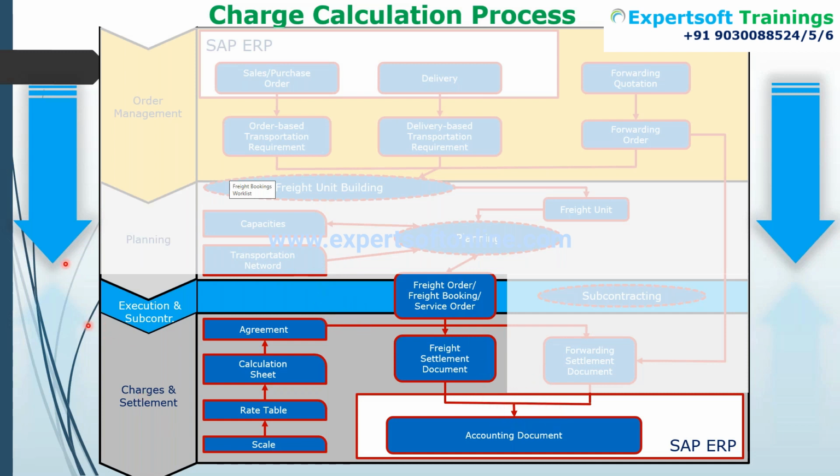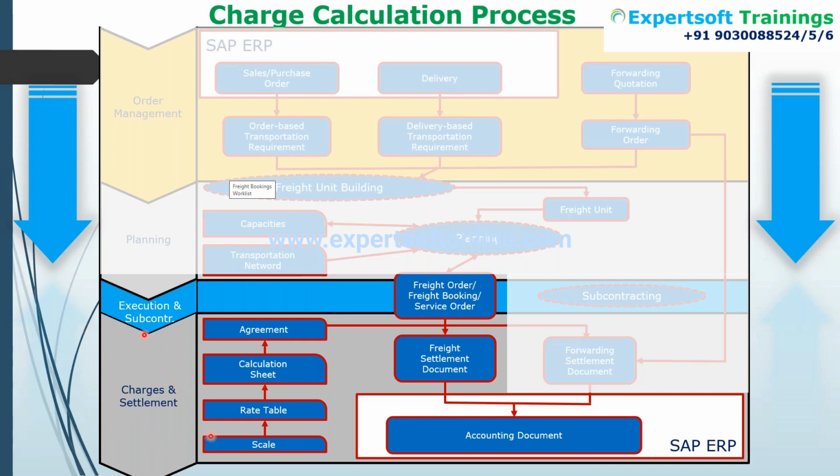So if you look at it, charges and settlement is the main component in the whole project. This is the one which is going to talk about your procurement, your finance, your invoicing. It will talk about a lot which will be very keenly watched by all the members of the company.